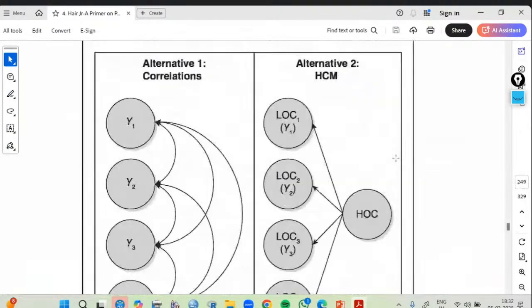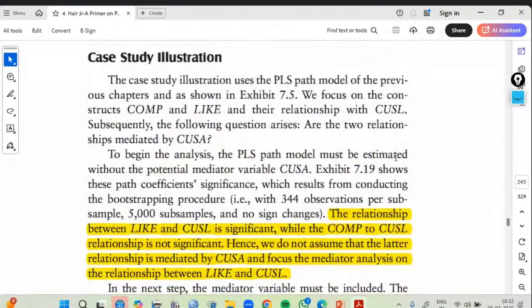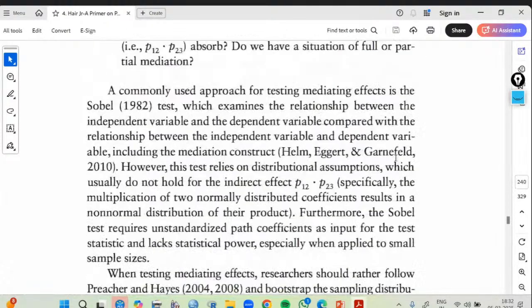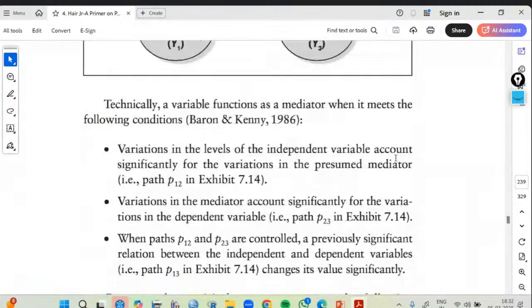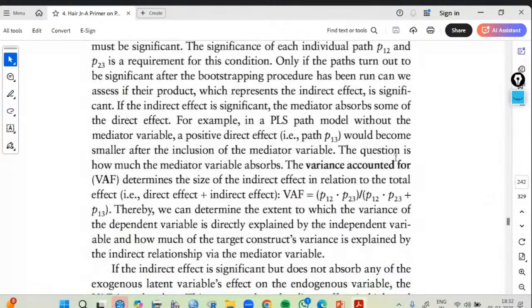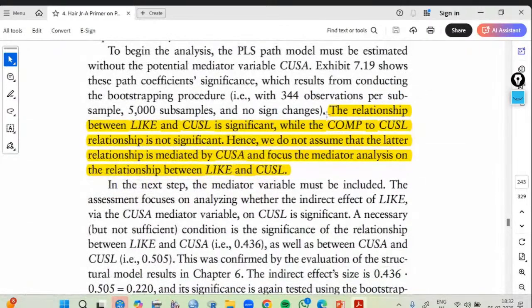Now in this case study, the relationship between likability and customer loyalty is significant, while the relationship between competence and customer loyalty is not significant.